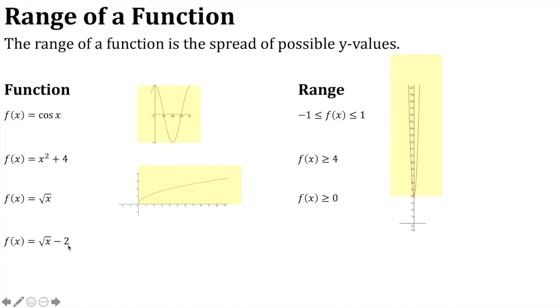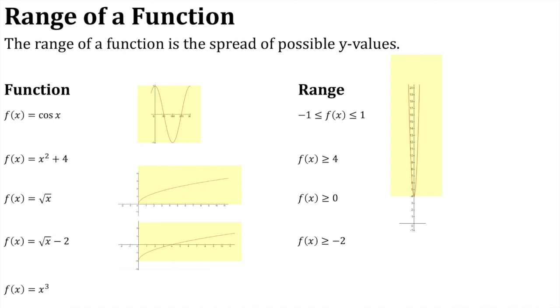So remember that minus 2 denotes a vertical shift downwards. So we're subtracting 2. So you can see the graph looks like this. So the y values start at -2, and again they'll go all the way up to infinity. So the range of values for that graph is f of x is greater than or equal to -2.